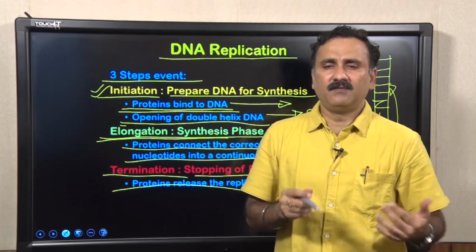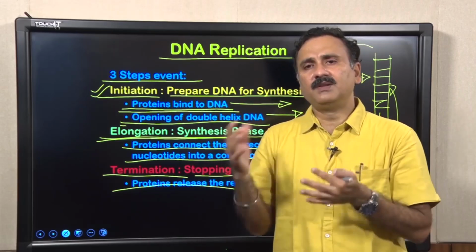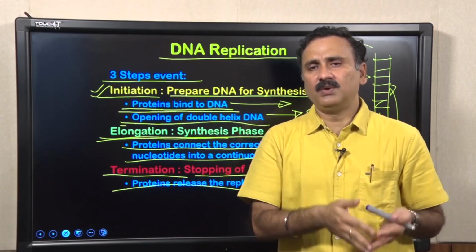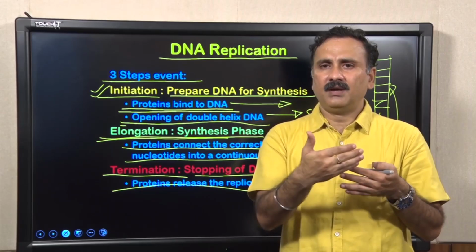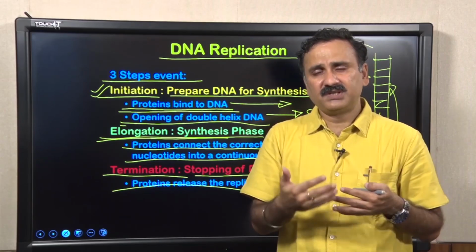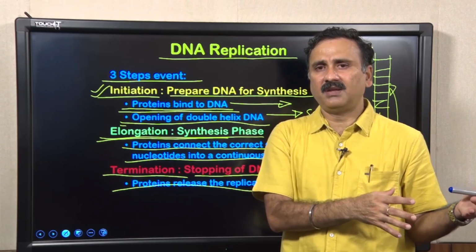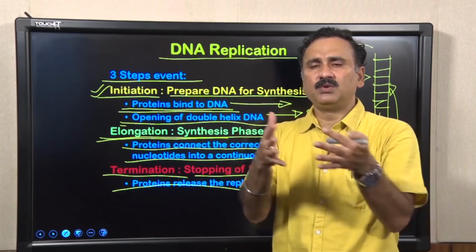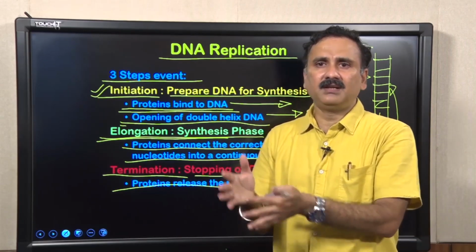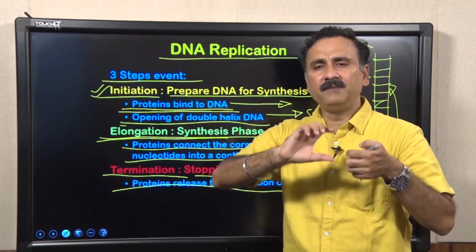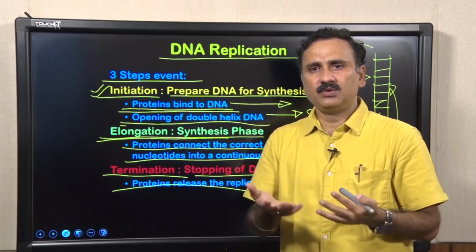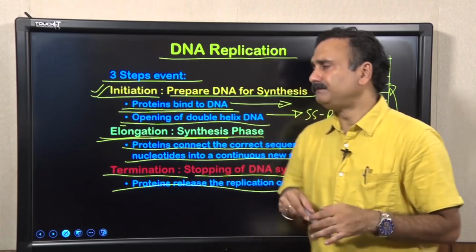That is the elongation phase, and once they reach the end of the sequence, they start the termination step. Once the DNA synthesis is over, it generates the double stranded DNA, and then the double stranded DNA is coiled to generate the helical structure.